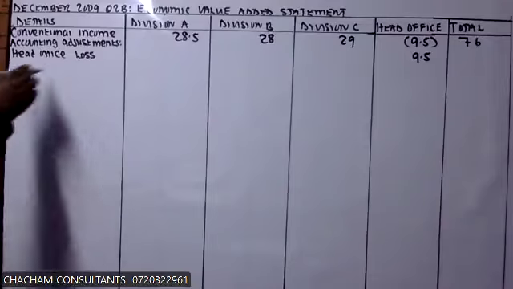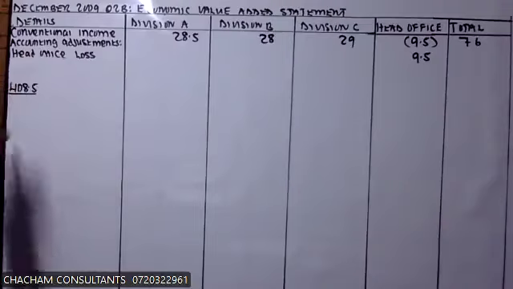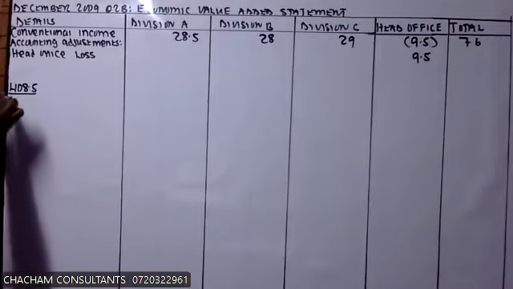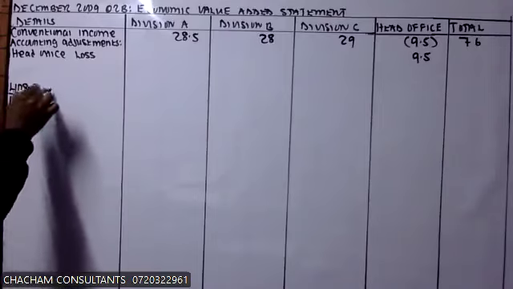So for A, it is 408.5 divided by the total, which is 1883.5, times 9.5.